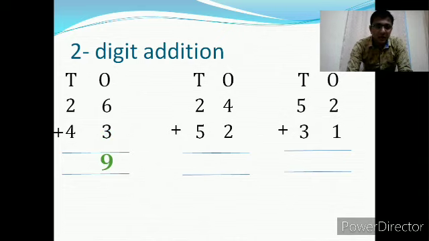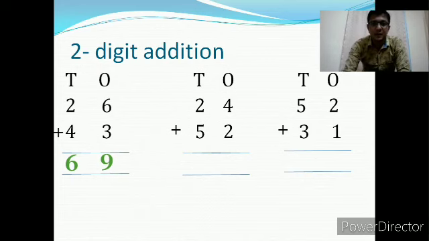Similarly, after completing this, we will move on to the tens place. 2 and 4. 2 plus 4, how much? Keep 2 in mind and open 4 fingers. 2 plus 4, 6. Without the fingers also you can do it. From here onwards, minimize the use of fingers. In the mind itself we have to calculate. 2 plus 4, 6. So what is the answer?